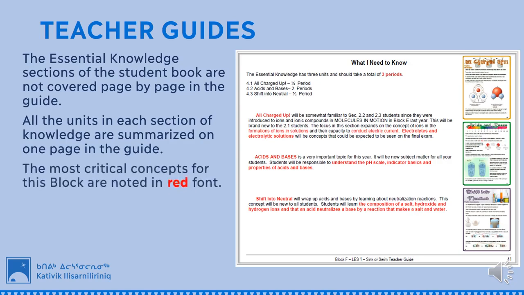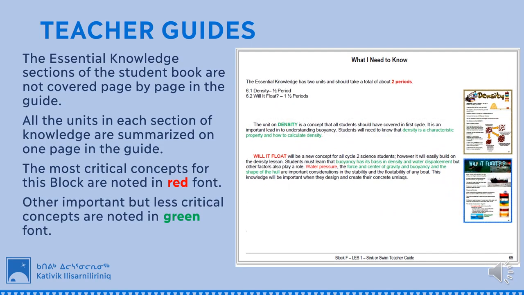The most critical concepts for this block will always be noted in red font. These are the concepts that will be the focus of Block F final exam, in particular Part A of the C2 portion. The other but somewhat less critical concepts are always noted in green font. In this way, you're always immediately directed as to where to focus your instruction.